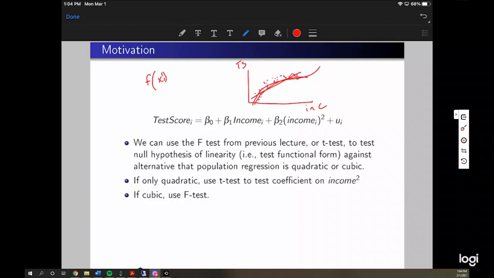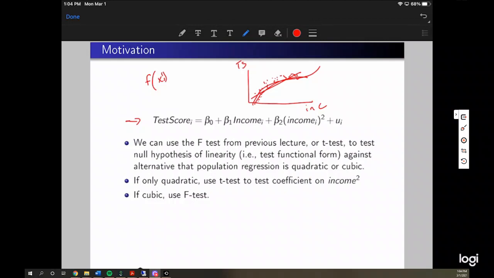that the population regression is quadratic or cubic. So now we're almost specifying hypotheses about the functional form of the model. Well, actually, we aren't almost doing that, we are doing that. If only quadratic, we can use the t-test to test the coefficient on income squared. In other words, if we're only estimating the model that I've written down here, we want to test it against a linear model.